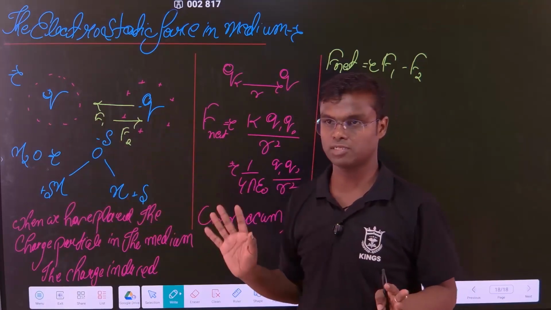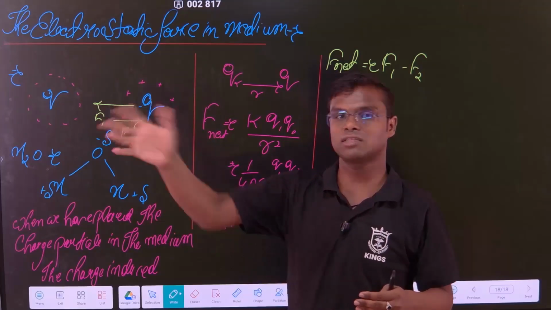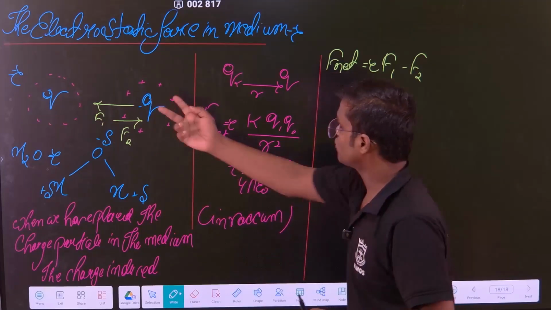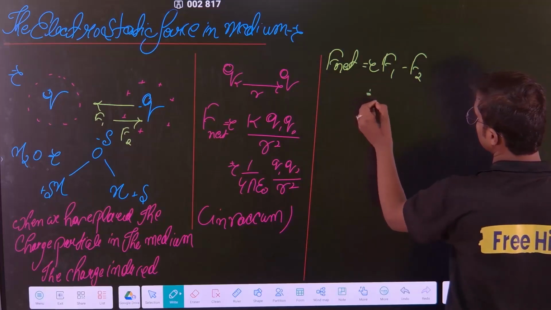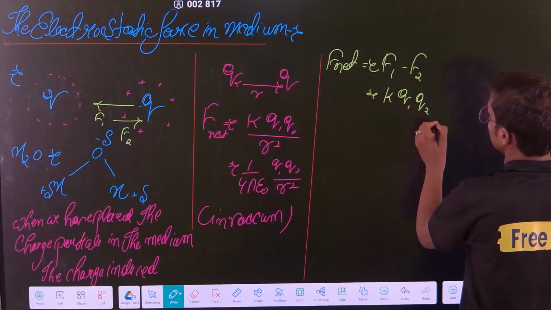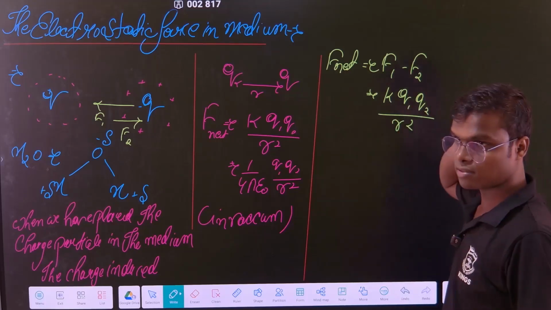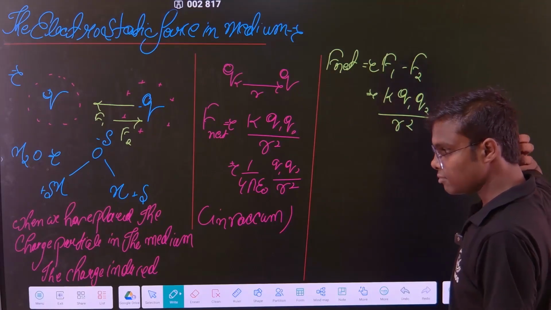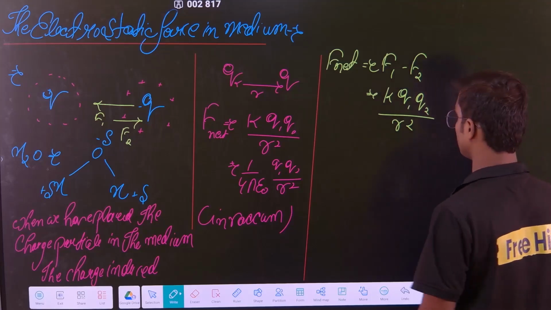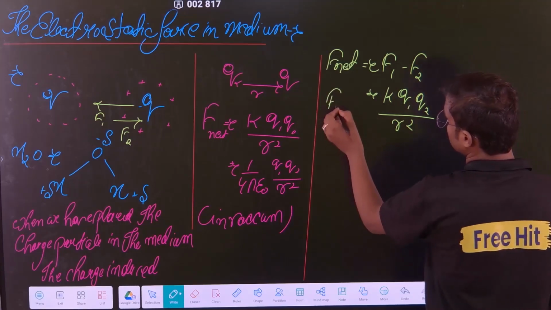Correct? So I can say my F1 is nothing but k q1 q2 by r square. That is the same thing. It is not changed. Minus F2, this is F net.